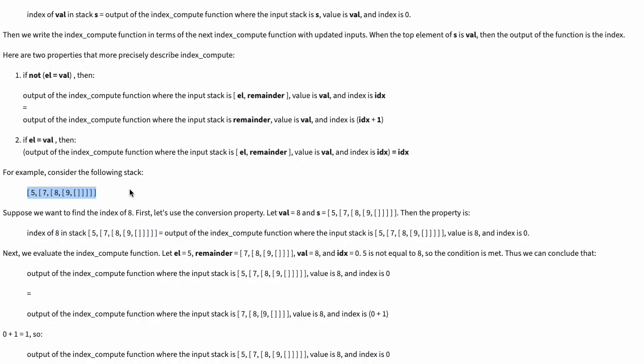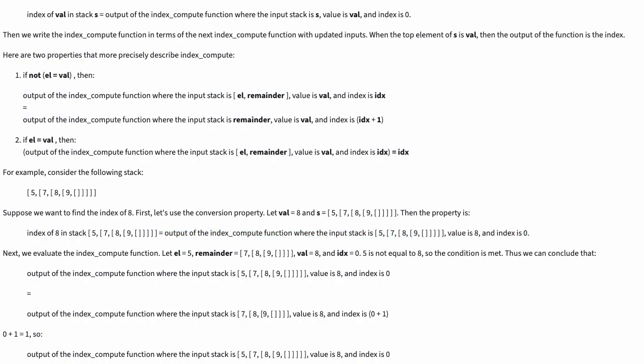First, let's use the conversion property. Let val be 8 and S be the stack 5, 7, 8, 9. Then the property is: index of 8 in stack 5, 7, 8, 9 is equal to the output of the index compute function, where the input stack is 5, 7, 8, 9, value is 8, and index is 0.